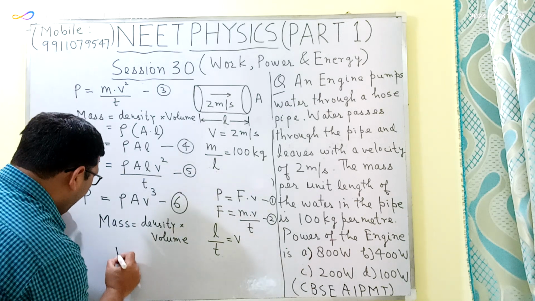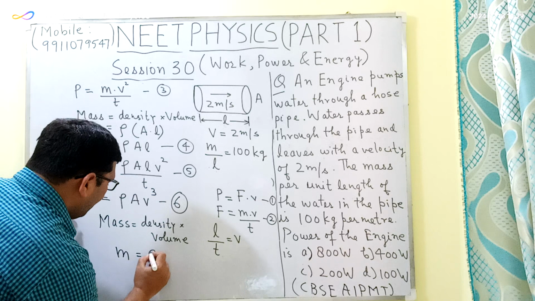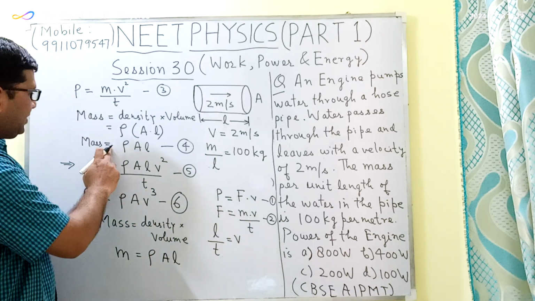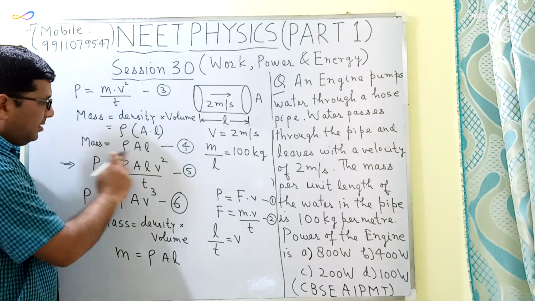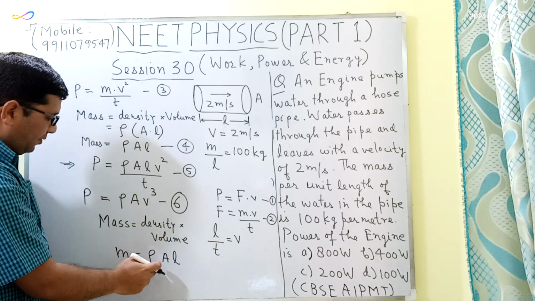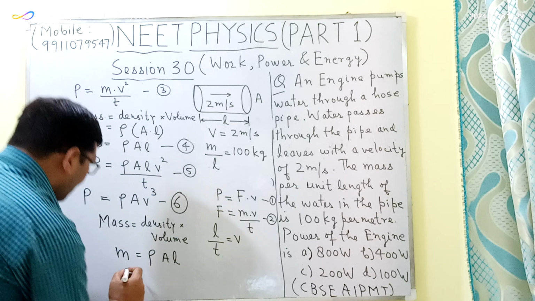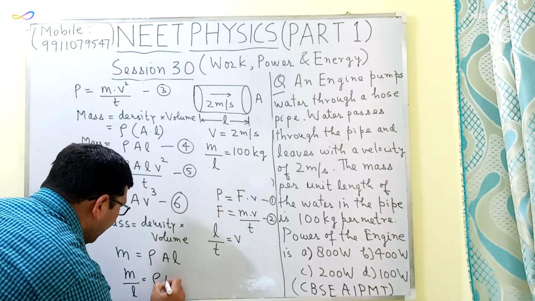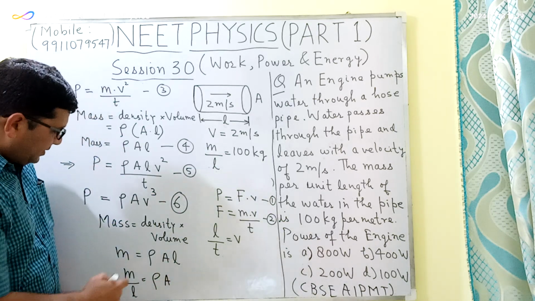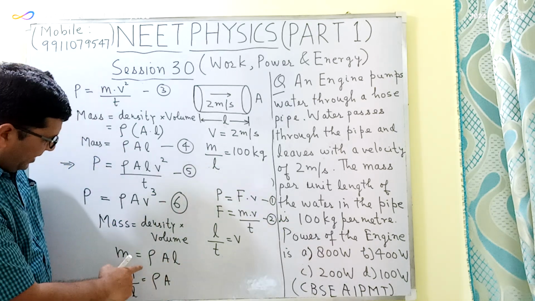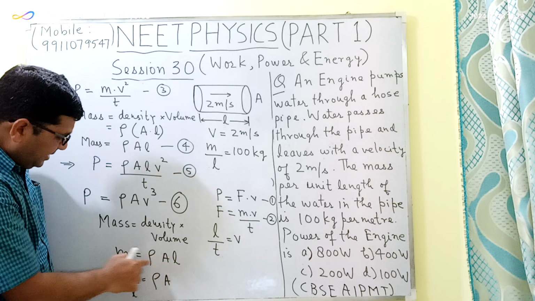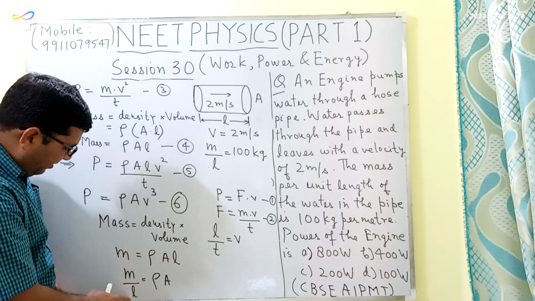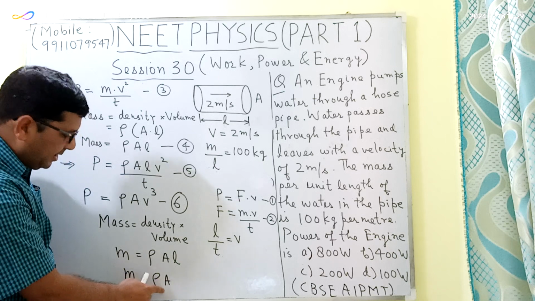So M is equal to rho A L. Dividing this equation on both sides by L, I get M upon L is equal to rho into A.